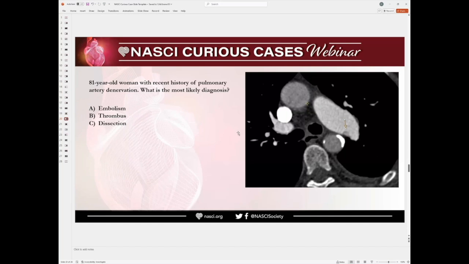All right, so I think this is interesting. I hope you will find this interesting. I know the finding is very subtle. This is the finding. That's why I wanted to point out this patient had a recent history of pulmonary denervation. What's the most likely diagnosis? This little thing is what we are trying to understand.